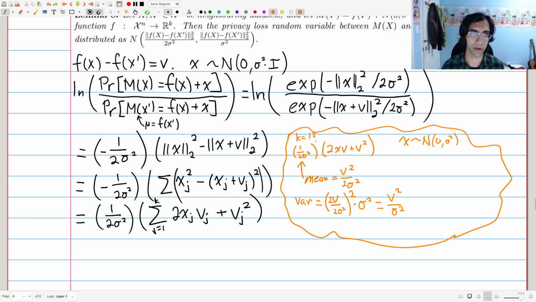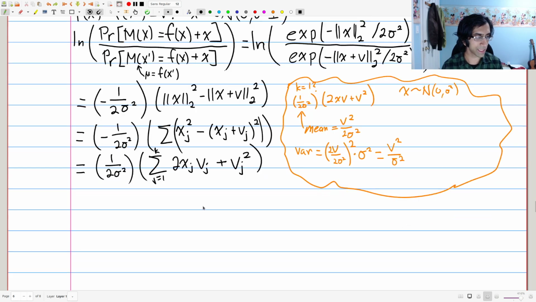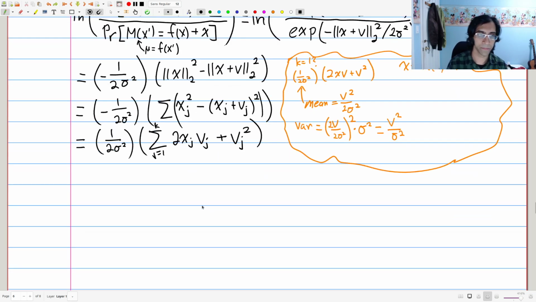But let's return to the higher dimensional case and see how this proof ends. It's actually not too much harder. Let's see how we looked at the mean here. It's going to be the additive terms. Let's look again at the additive terms here. This is going to be the only random variable.